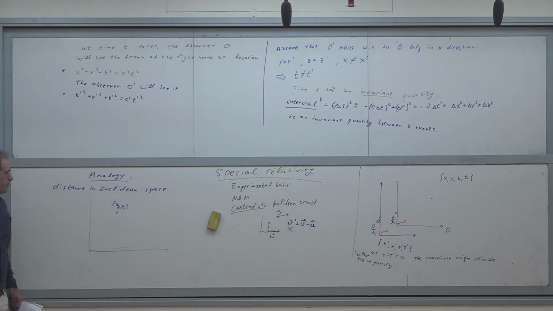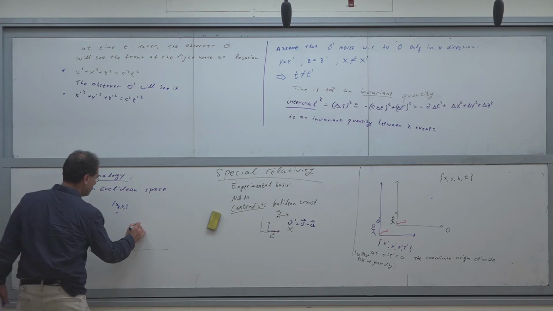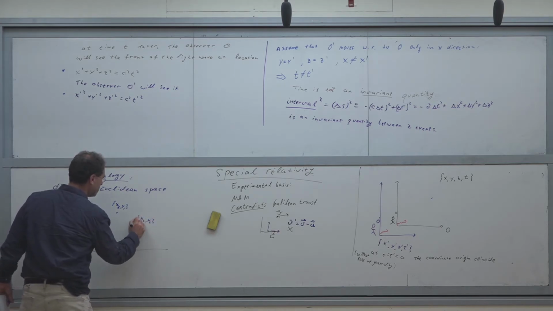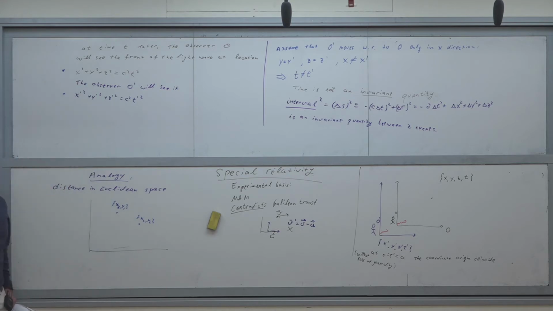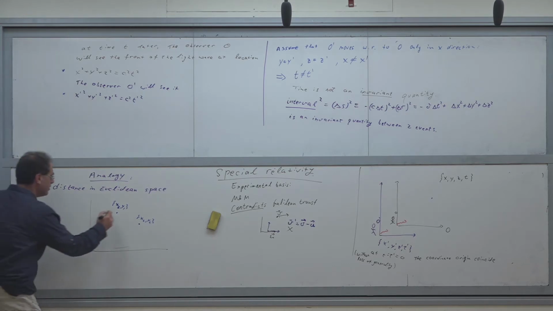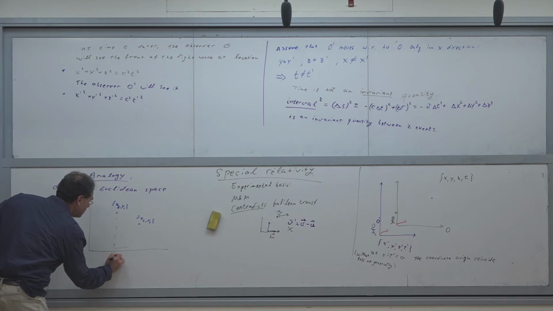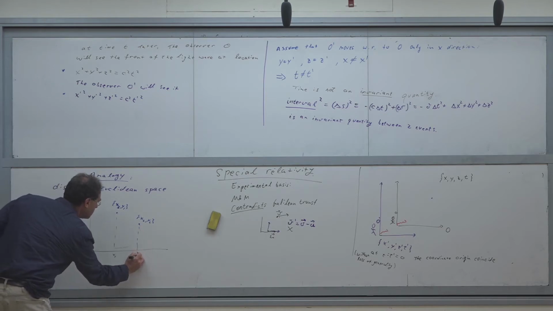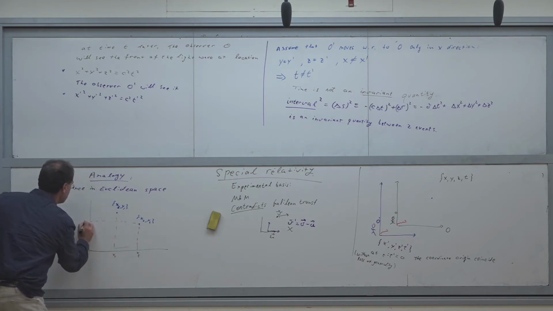Now I have a second point. Put it here, it's x2 and y2. Maybe I should be a bit more precise in the way I plot it. This would be x1, this would be x2, this would be y2, and this is y1.